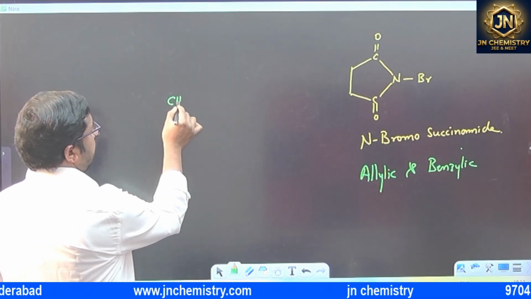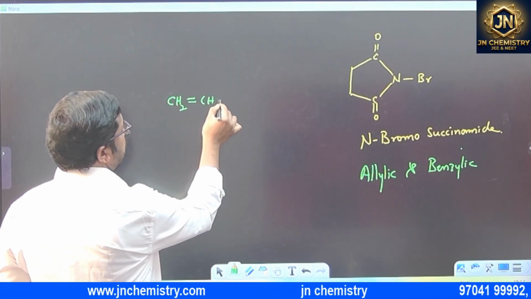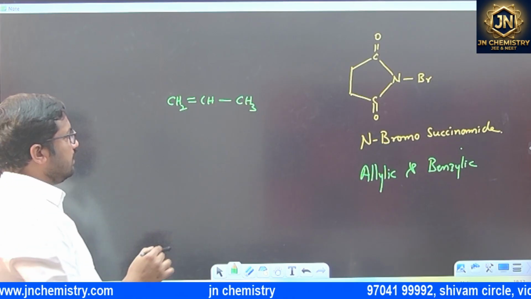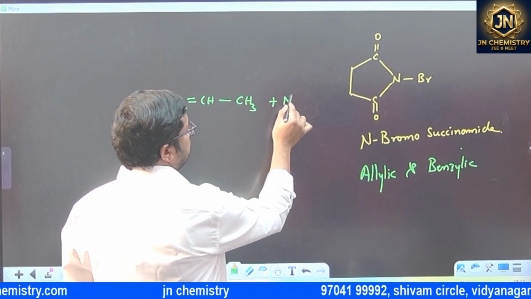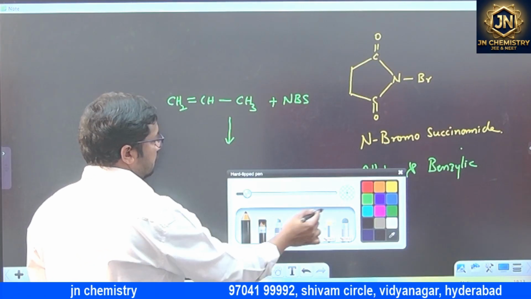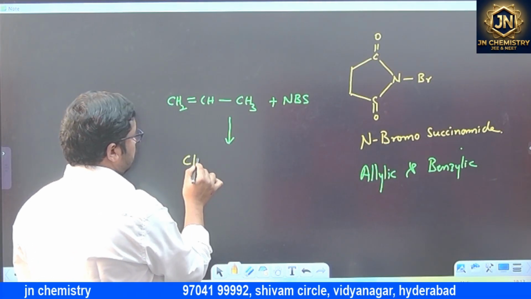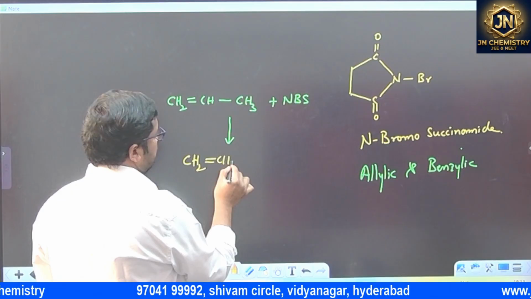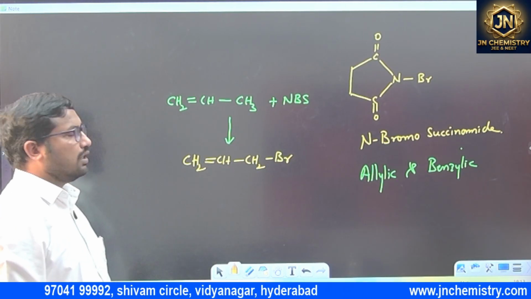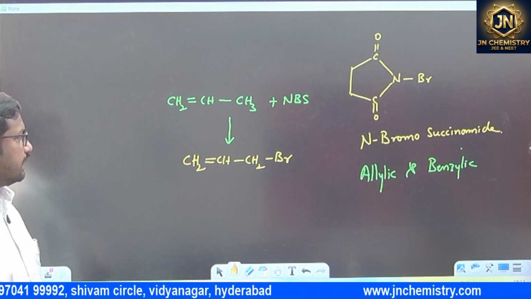For example, CH2=CH-CH3. If you are adding NBS, what exactly happens? You get CH2=CH-CH2Br. At the allylic position, bromine will be attacking.